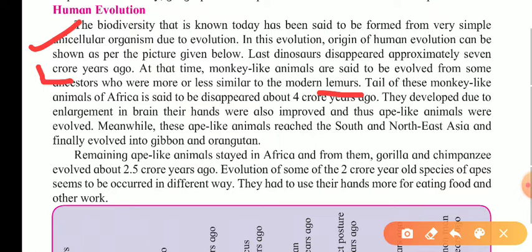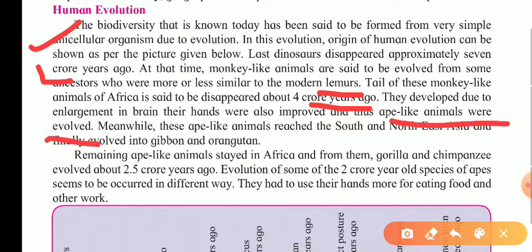When evolution started in the lemurs, they lost their tail. They developed due to enlargement in their brain size. Their brain size started to increase in evolution, and then ape-like animals evolved.